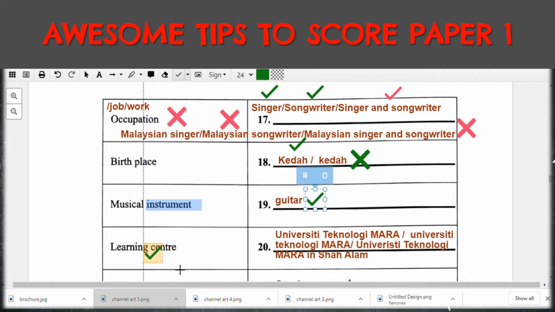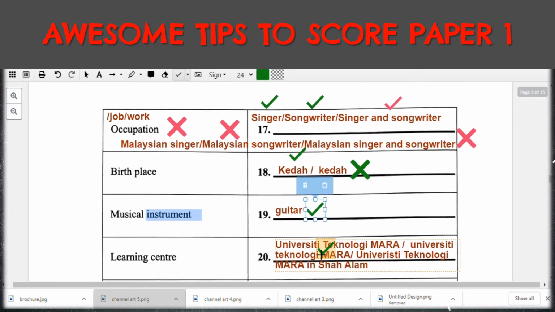Now, the learning center. You see, I have many possible answers here. So, which will be the correct one? University with big U, Technology, Mara, M-A-R-A. Or university with a small u, small t, and Mara. Or University Technology Mara in Shah Alam. Is this correct? Let's check the answer.